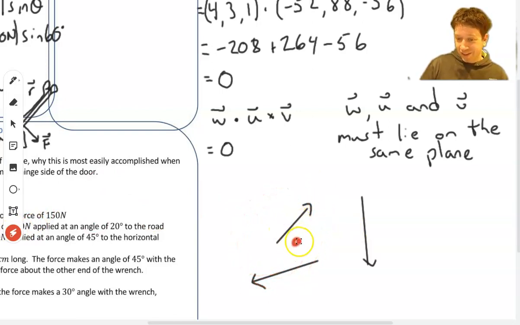And it could be into the screen or out of the screen. But then when you take the dot product of that vector, let's say coming out of the screen, and this one, they're perpendicular. So the dot product will be 0. You can take the cross product of any pair of two vectors on this plane, and you'll get a vector perpendicular to the third. So the dot product will be 0. So all those vectors will lie on the same plane.